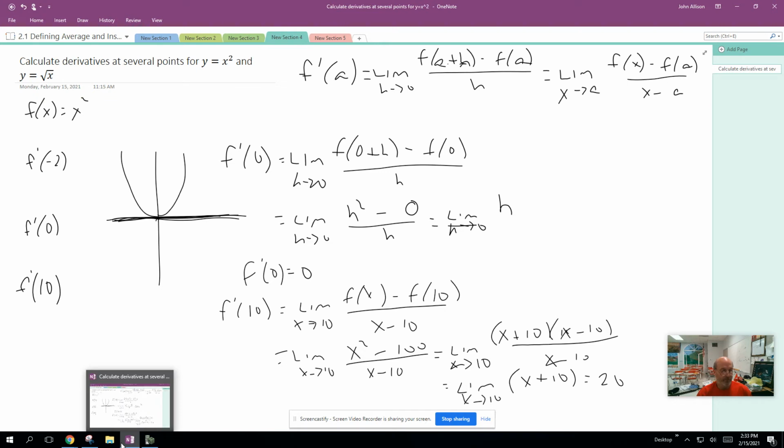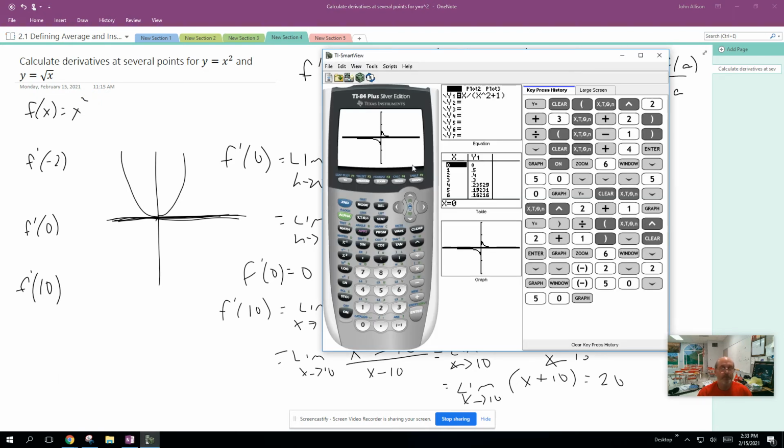If you look on your calculator, there's a numeric derivative that you can go to. Let's go second quit. Let's do math, derivative. Well, not sure what's going on here.